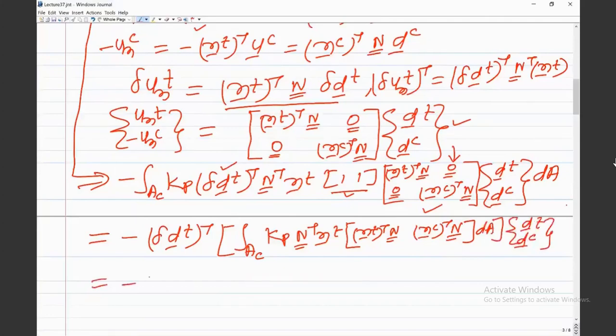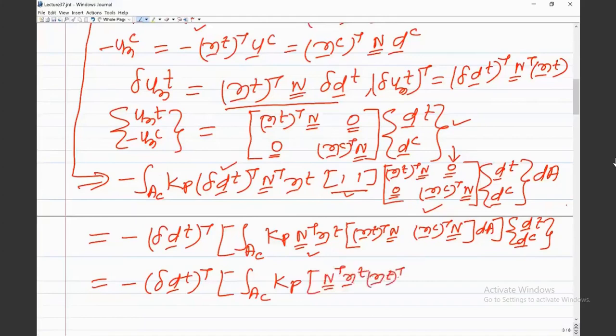So now this can be written as minus delta dt transpose, and let me slightly rewrite this. So integration over AC, and we have this kp. And now what we can do is multiply this, take it inside this term. So then you can write this actually as kp into this N transpose into NT, and into then we have this NT transpose and into N. So that's the first term we will have.